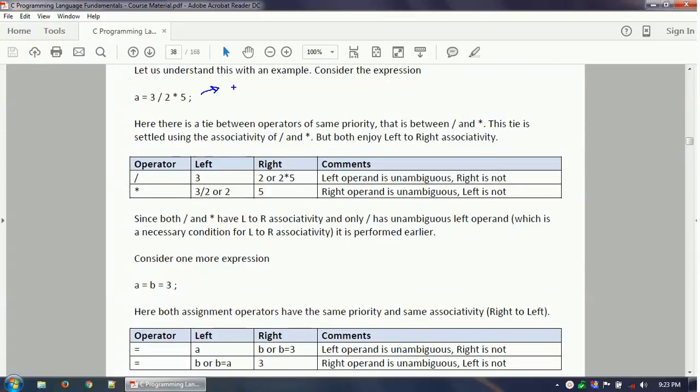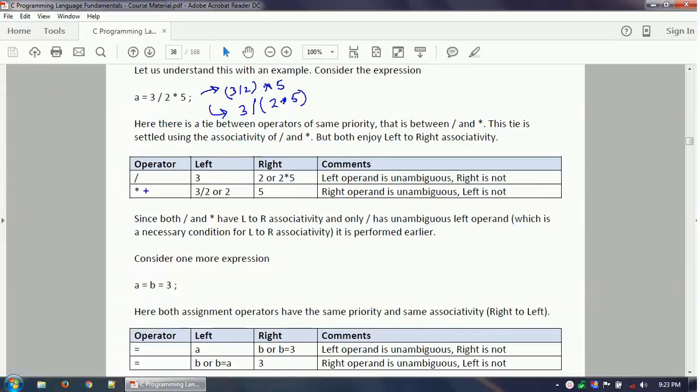One possible result is that 3 divided by 2 will be done first, then the multiplication, or another way could be that 2 into 5 will be evaluated first. Both will give me different results, but which one is correct? That is where the associativity comes into picture, since both operators have the same precedence, same priority.